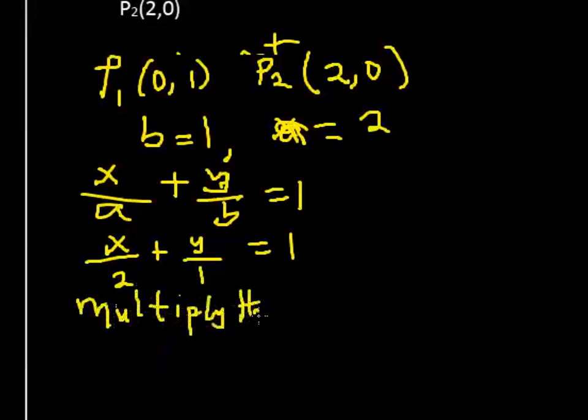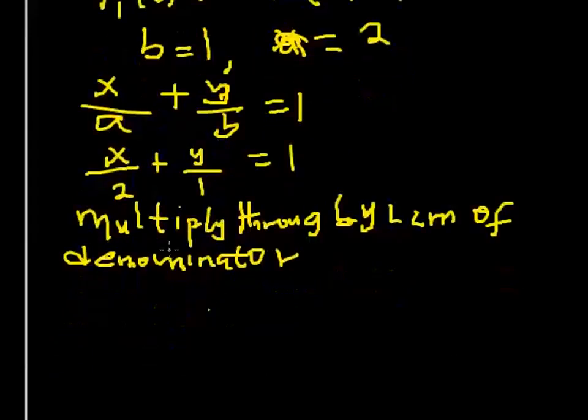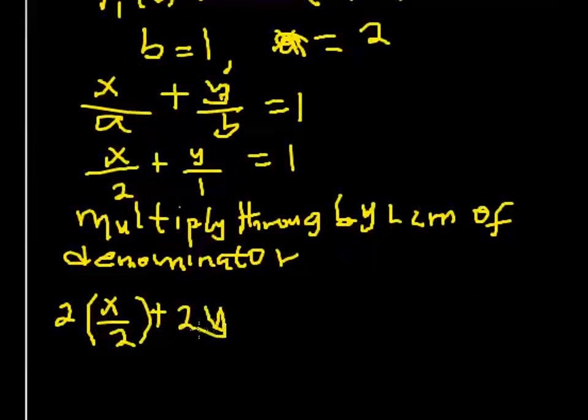The LCM of the denominators is 2, so I multiply everything by 2: 2 into x all over 2, plus 2 into y all over 1, equal to 2 times 1, which is 2.